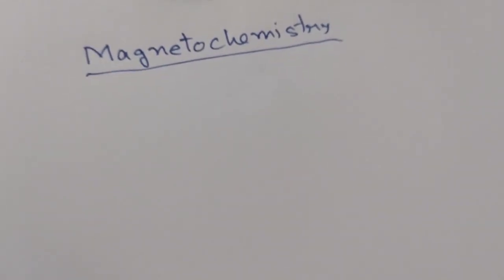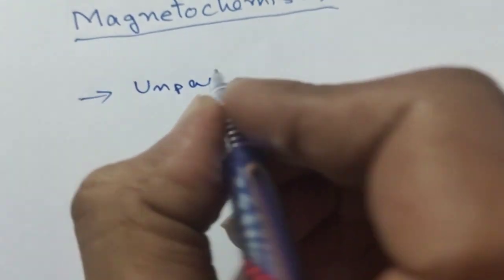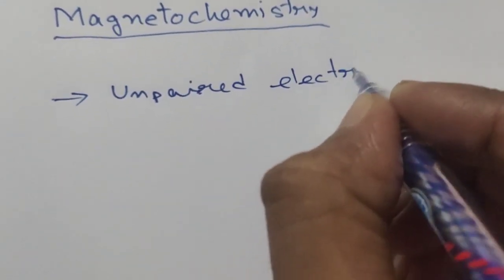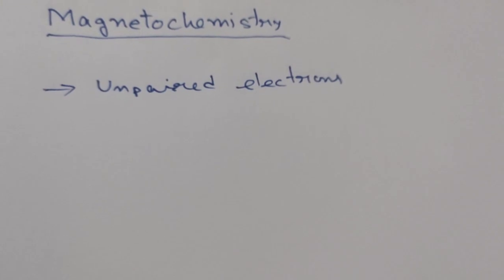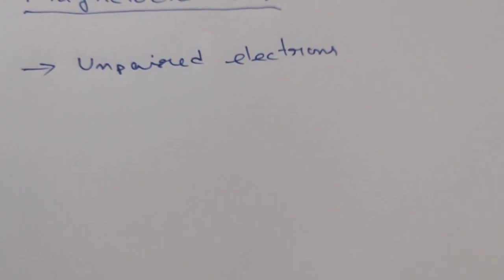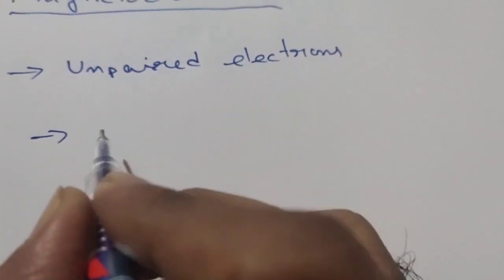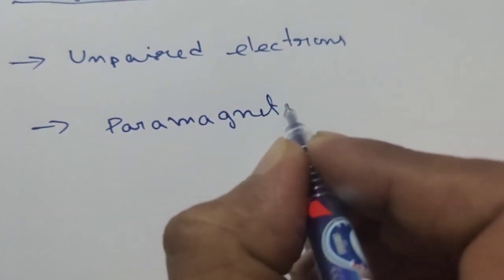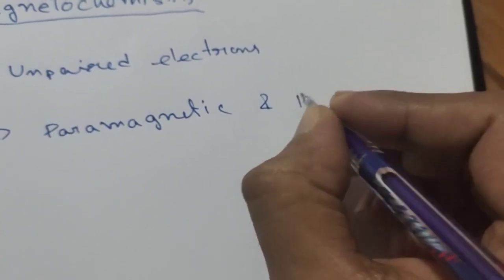First thing you need to remember is that it deals only with systems having unpaired electrons. If a system does not have any unpaired electron, it doesn't have anything to do with magnetochemistry. Now we can classify all the complexes present in the universe into two sets: paramagnetic and diamagnetic.